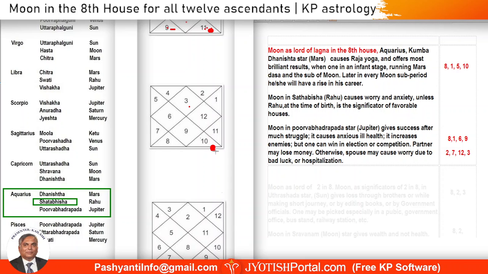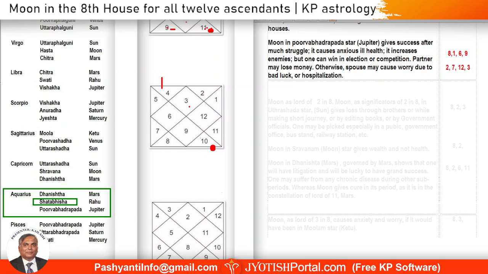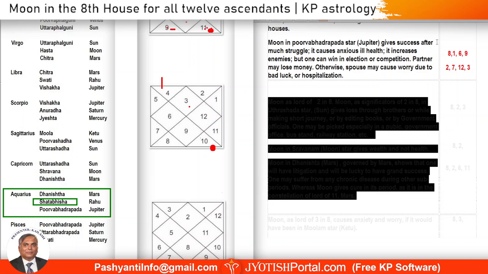So moon is here, in the 8th house, and the moon becomes the lord of the second house. So moon is the lord of the second house and it is placed in the 8th. So we're going to put our focus now on this particular reading.